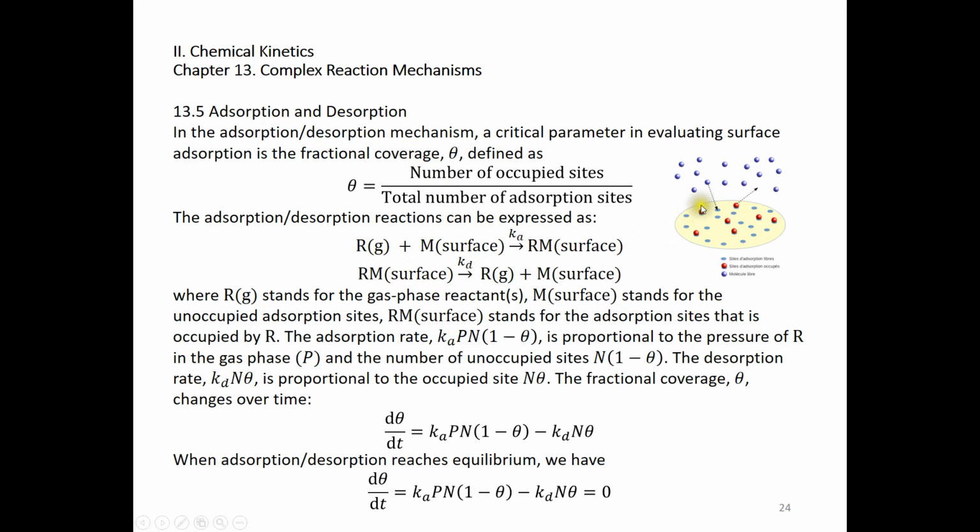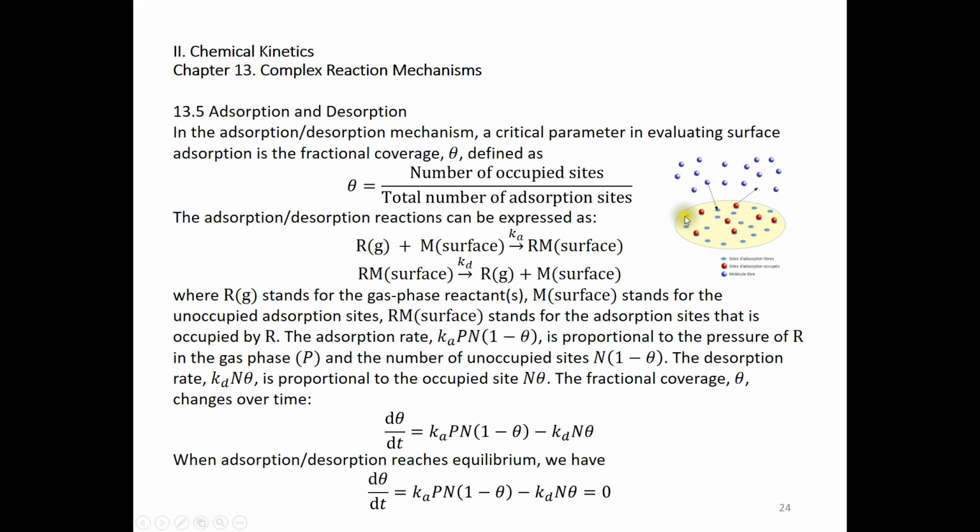R is the species in the gas phase. M is the unoccupied surface sites. RM is the occupied surface sites. So in this diagram, we have 7 RM, 1, 2, 3, 4, 5, 6, 7. Those 7 are considered RM.